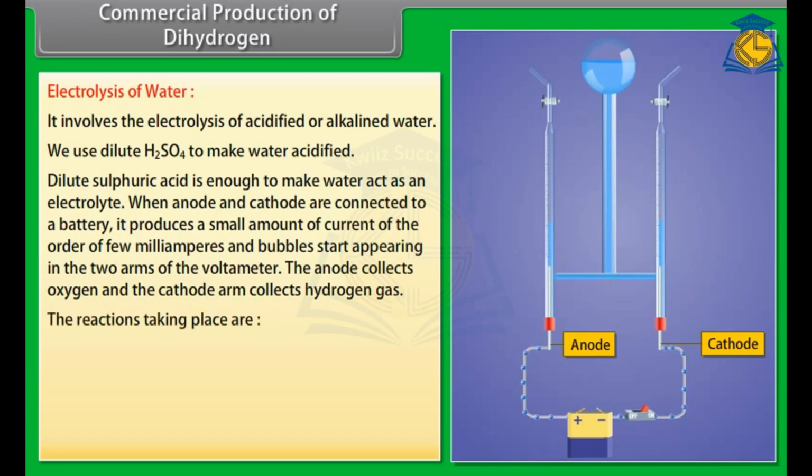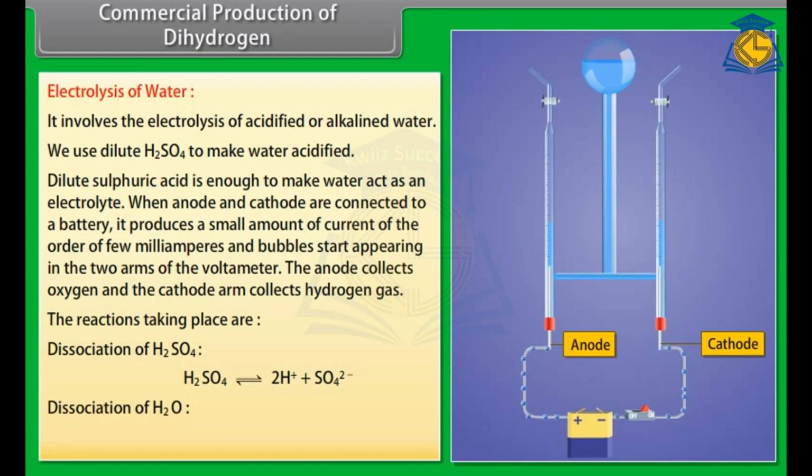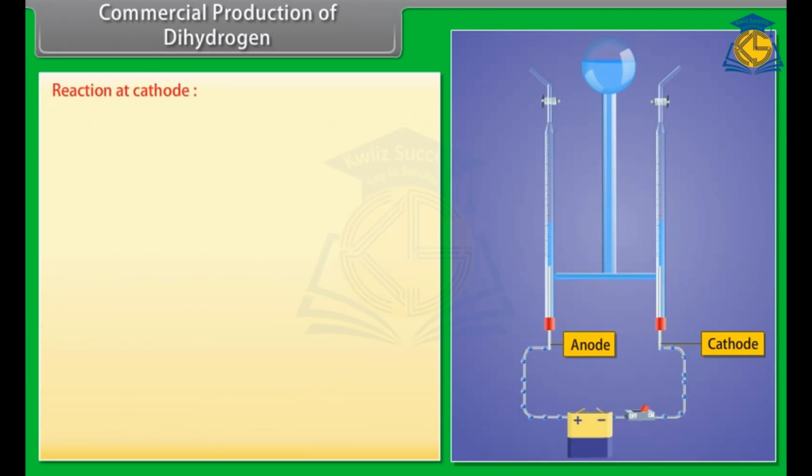The reactions taking place are: dissociation of H2SO4. H2SO4 gives 2H+ plus SO4 2-. Dissociation of H2O. H2O gives H+ plus OH-. Reaction at cathode.